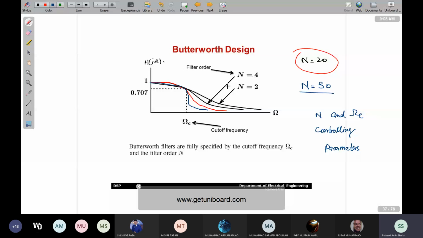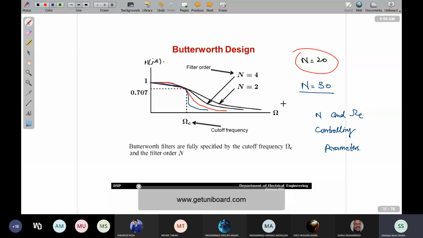So there must be some compromise on n and the desired frequency response, because as you are increasing n you are approaching the ideal frequency response, but increasing n means you are increasing the order of the filter, increasing the number of poles, and as a result, either it is an active filter or a passive filter, you are increasing the cost of the filter. So रिक्वायरमेंट क्या होनी चाहिए? रिक्वायरमेंट ये होनी चाहिए कि हमारा n कम से कम रहे, but at the same time we have to meet the specification given to us.